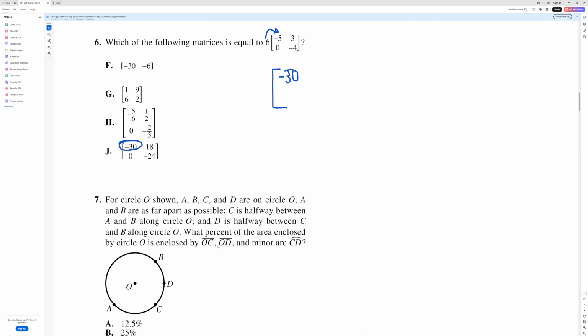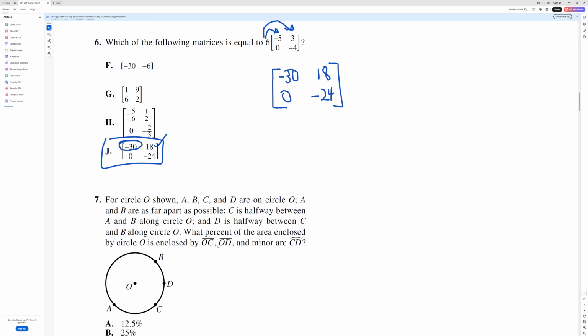Let's do one more: 6 times 3 is 18. So the shortcut is there's only one answer, which is J. And of course, it will be 0 and -24. But you already had it before I finished the matrix, because we had 30 and 18 as a double check.